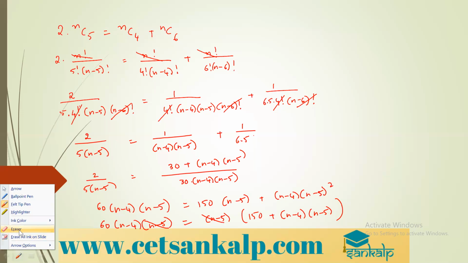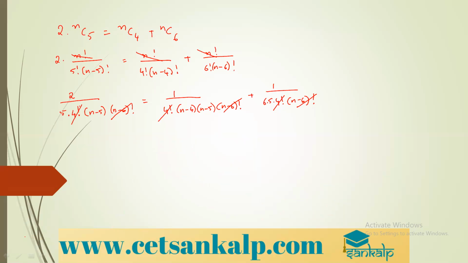So let me correct that. I'll start doing from here. 2 by 5 into (n minus 5) equal to 1 by (n minus 4) into (n minus 5) plus 1 by 30. This is what I have.